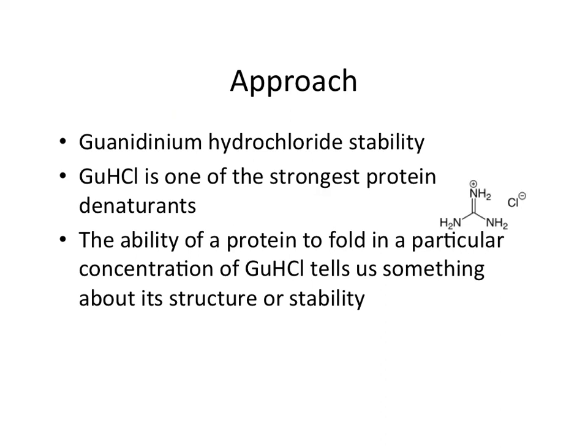If the protein can stay folded in high concentrations of this, that suggests that it's the prion protein, the scrapie conformation. So you can ask what the protein looks like in different concentrations of guanidinium hydrochloride. If it stays the same in low, medium, high, and super high concentration, it's probably the scrapie conformation, not the wild type conformation.